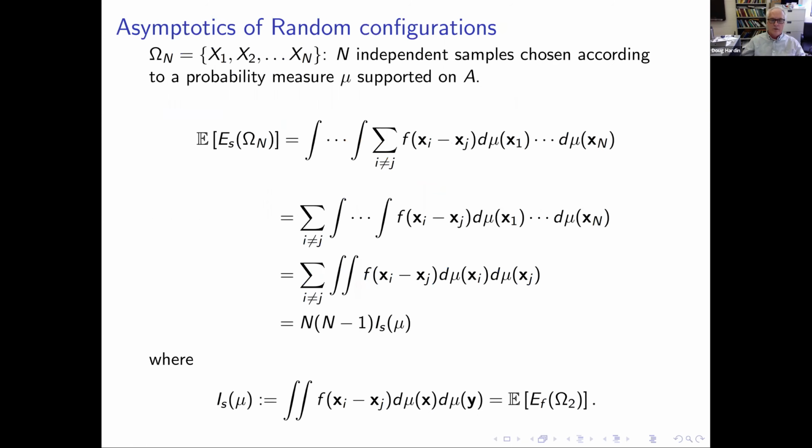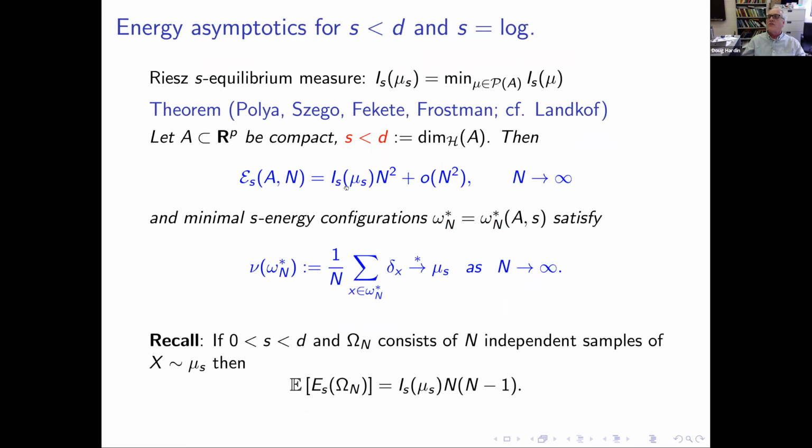We're saying that the expected value goes like n squared times this average, and that will be exactly the same to order n squared as the dominant term in the minimum energy. So the n squared term is about getting this optimal density right.